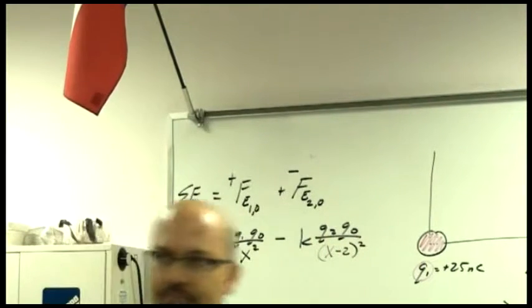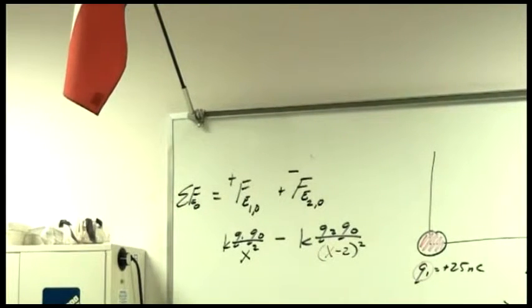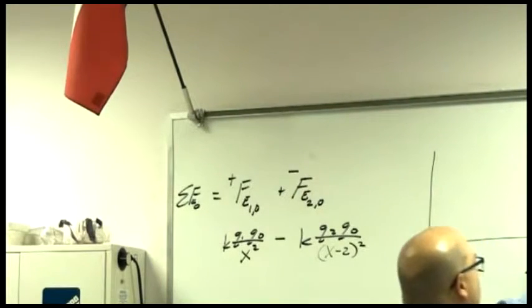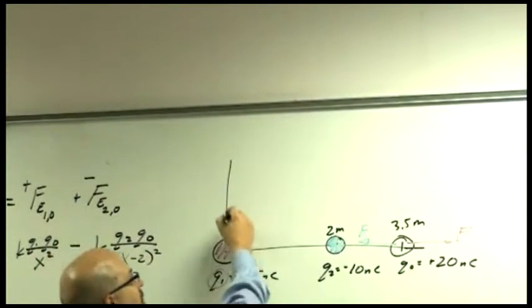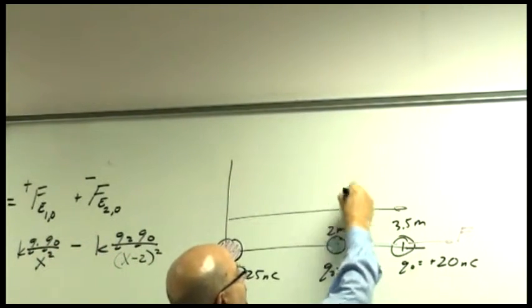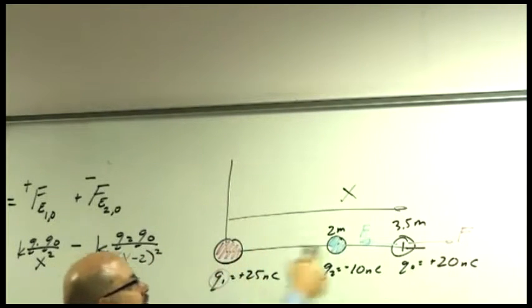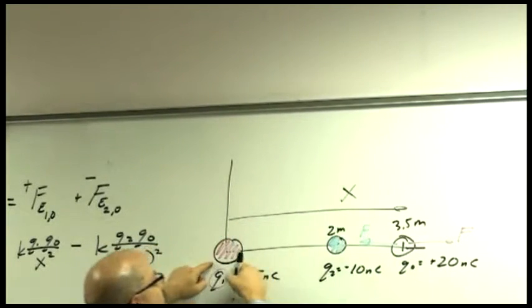That look good? I thought x was greater than 2. But we just want to graph what's happening. I want to see if x is somewhere between 2 and infinity. So this object is anywhere from here all the way out here. Wouldn't it just be x? So where is this object located? It's located at x. Well, how far is that from this one? The radius is x. So here, radius equals x.